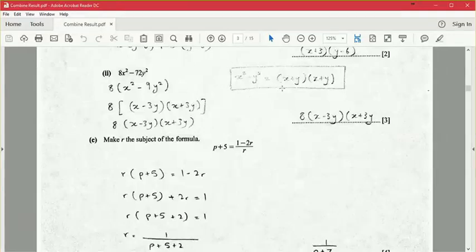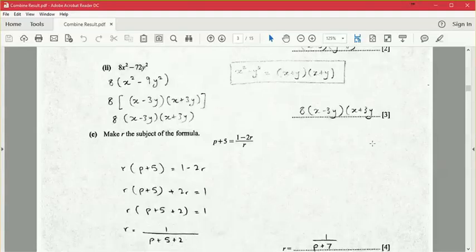This is a general formula, so we can make this look like this by doing x minus 3y in brackets times x plus 3y in brackets. So here is the answer: 8 times x minus 3y times x plus 3y, and there is a bracket but I forgot to write it.